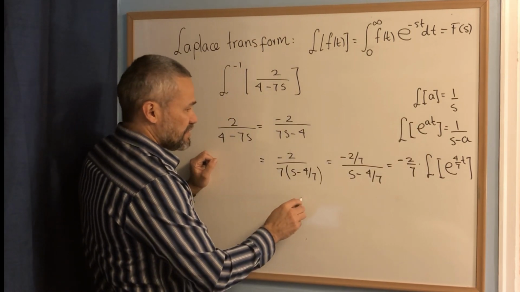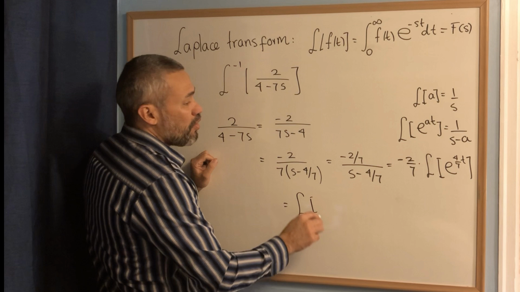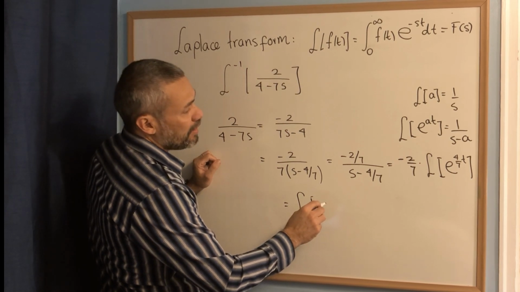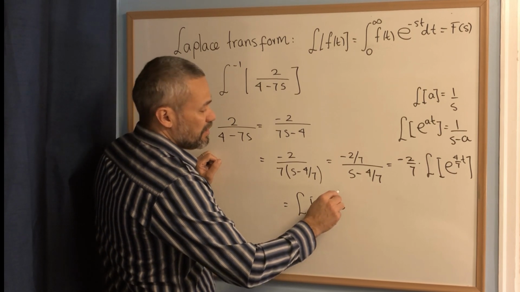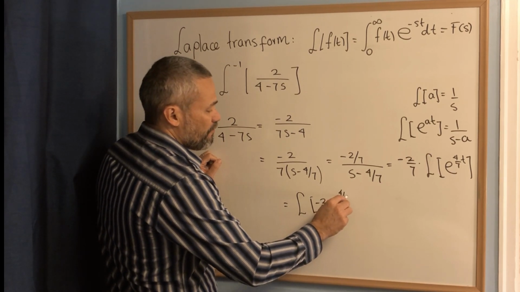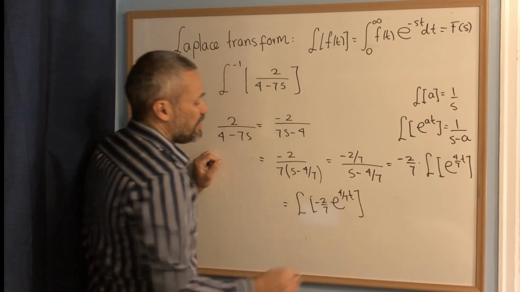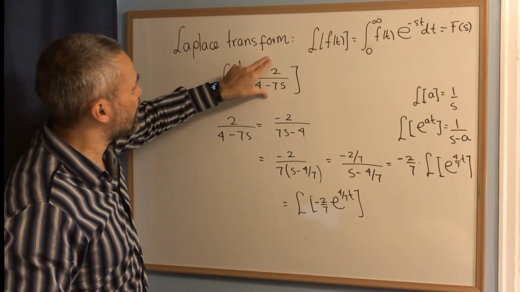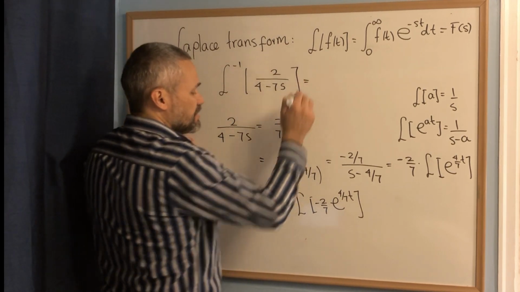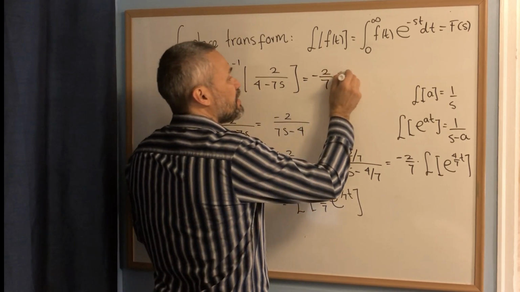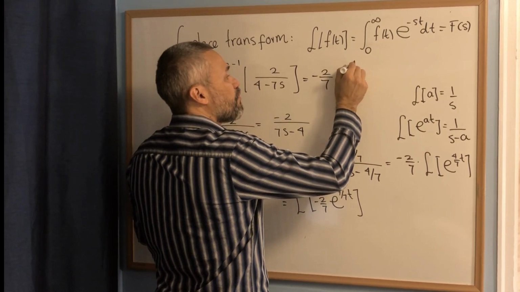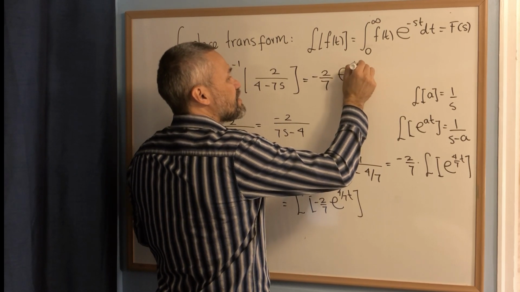And therefore, this is just the Laplace transform of negative 2 over 7 times e to the 4 over 7 times t. Therefore, the inverse Laplace transform of this is negative 2 over 7 e to the 4 over 7 times t.